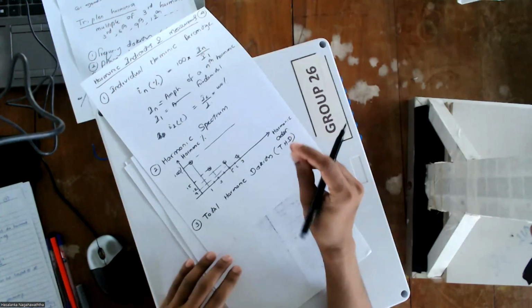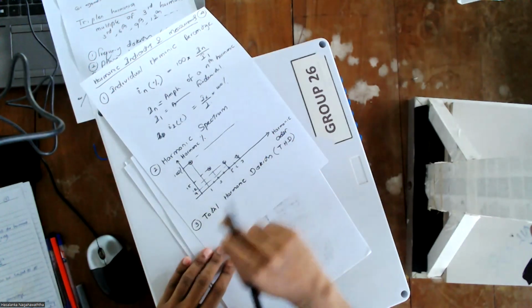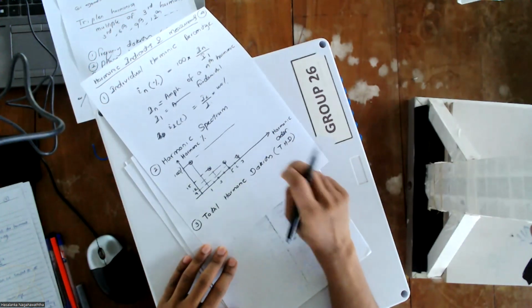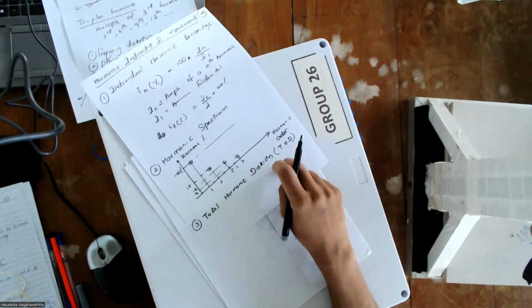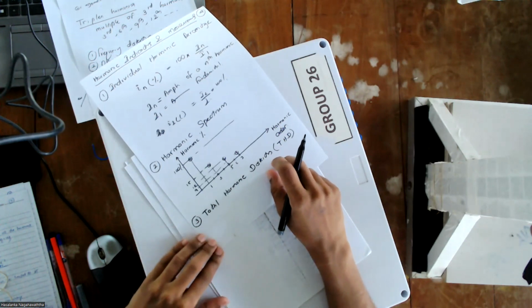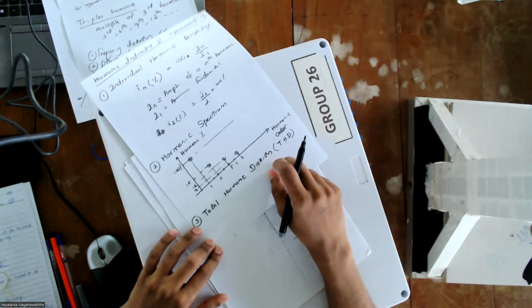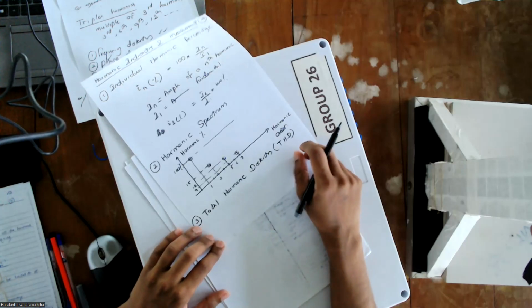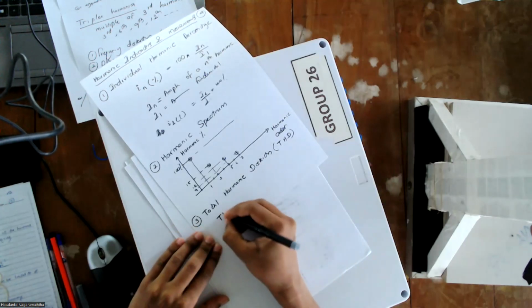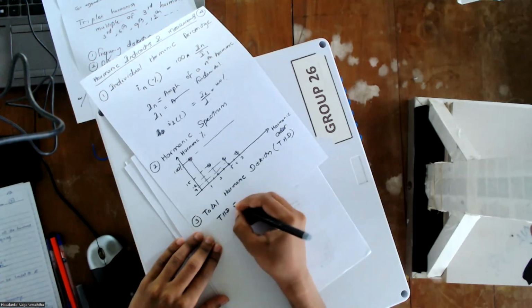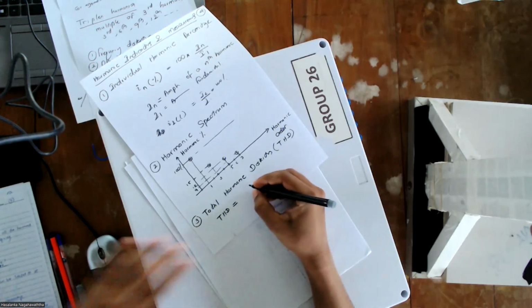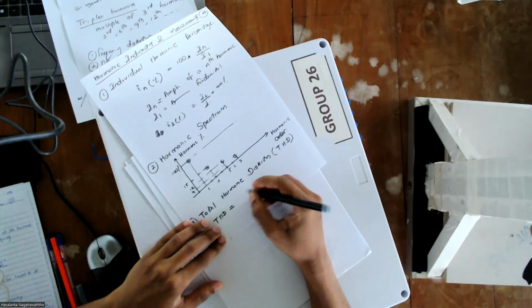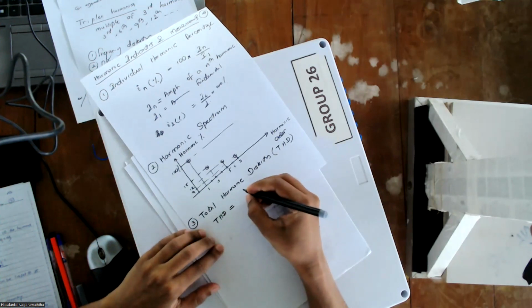Total harmonic distortion means the ratio between the RMS value of all the harmonics and the RMS value of the fundamental frequency. So we can denote THD as this term.